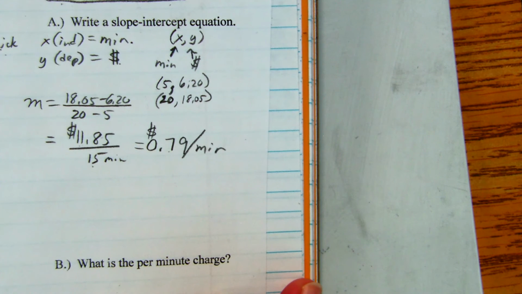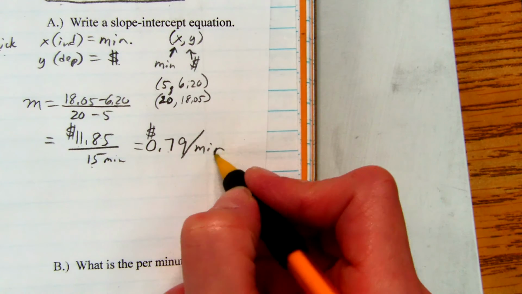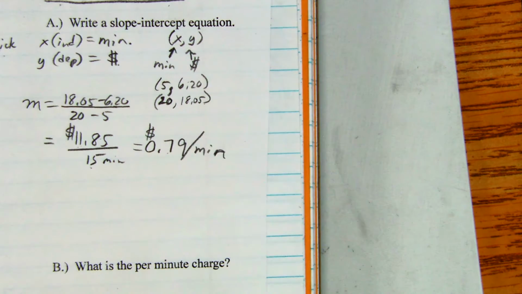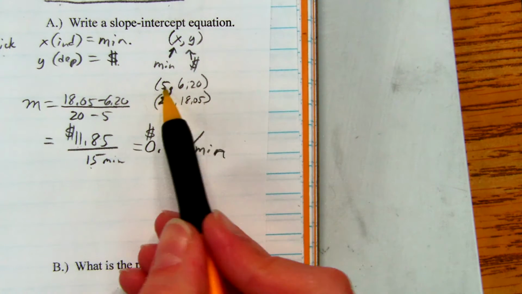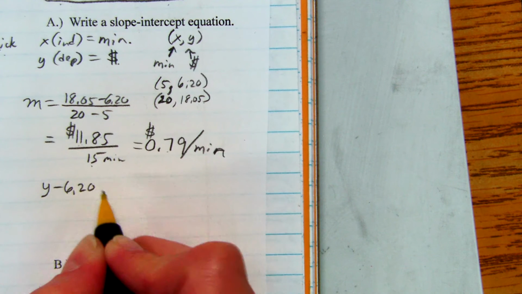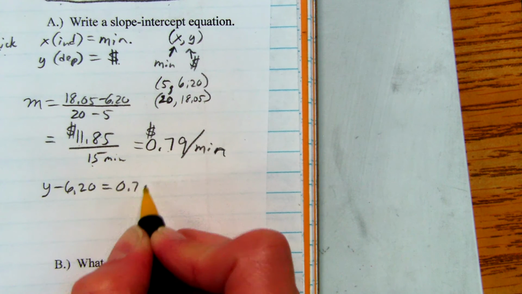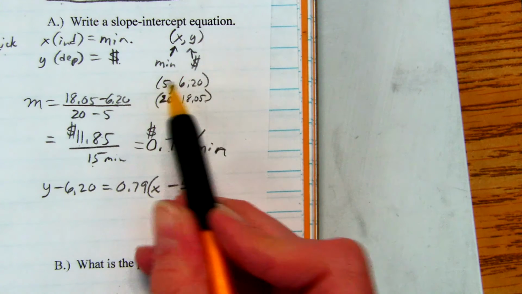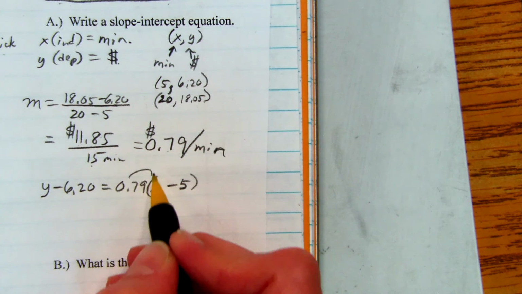You put per minute. Sorry, it's kind of sloppy. And then we can pick one of these points to set up our equation. So let's just use the first one. So we'd have Y minus 6.2 equals 0.79 times (X minus 5). I'm just using this first point. We distribute it out.